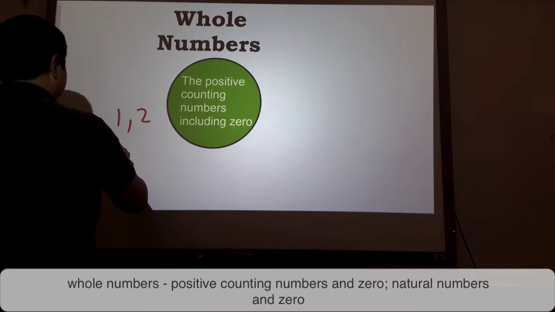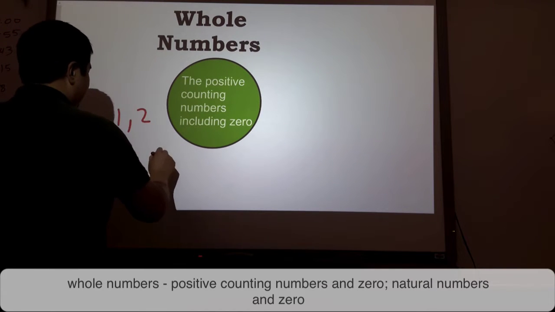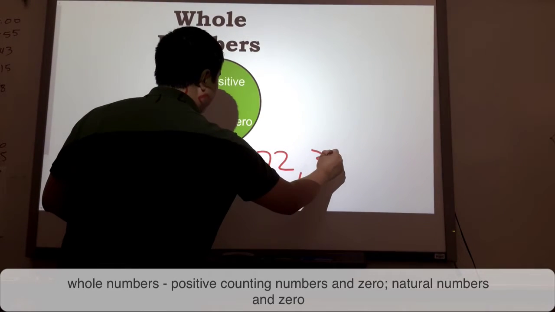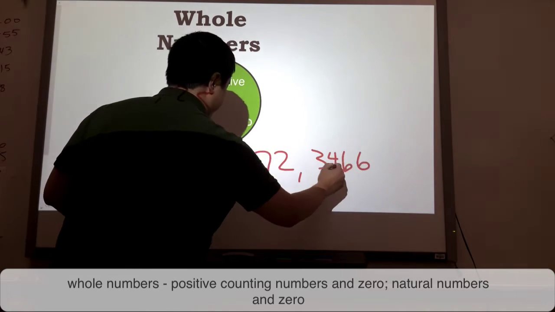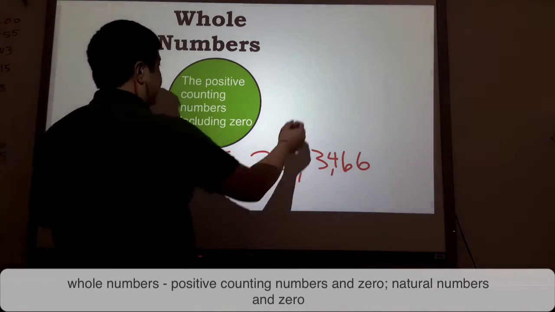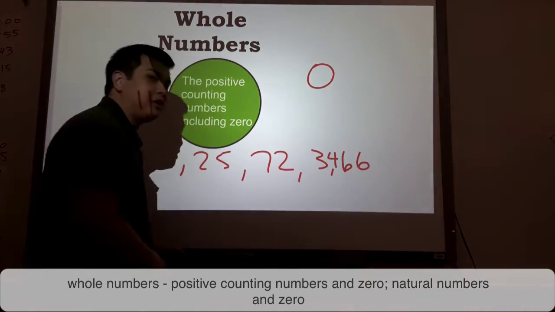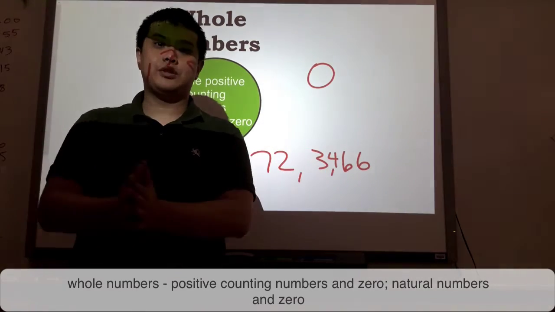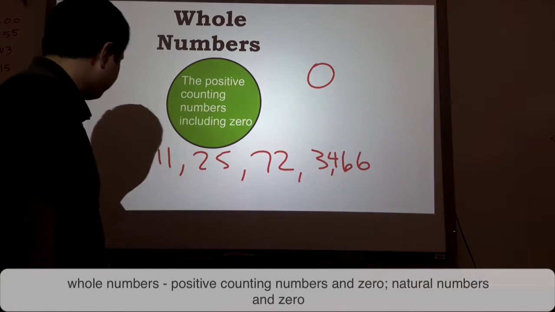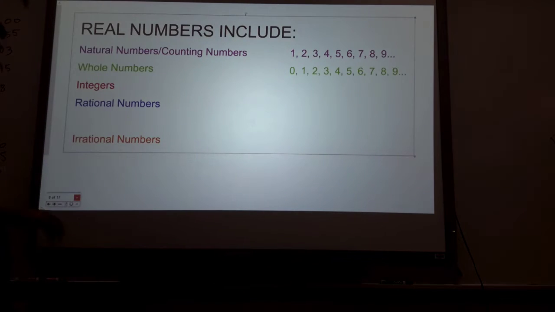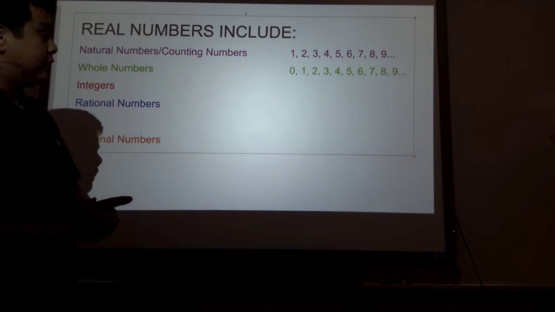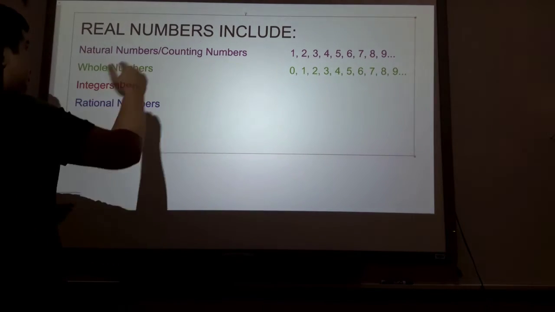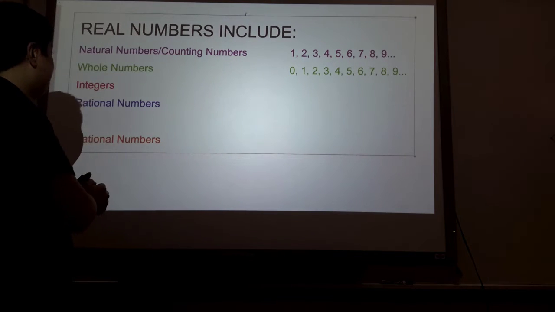Again, 1, 2, 5, 11, 25, 72, 3,466, and the wonderful number we know is 0. Okay, so natural numbers are the counting numbers, whole numbers are the natural numbers, and 0. As displayed right here. Again, fill in the table with this so that we can show that 0 is the only number added in order to make whole numbers.